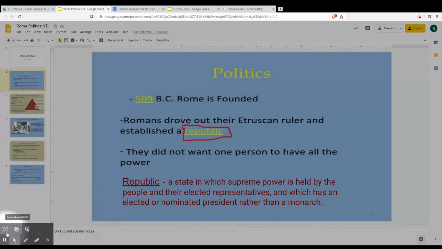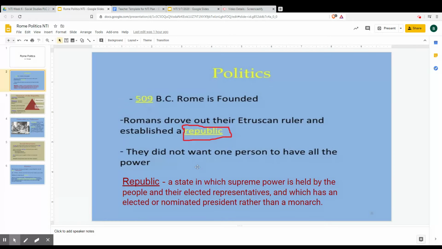So, if you think back to Greece, they had a democracy, and for them, it was a direct democracy. So every citizen in ancient Greece, which was land owning men, had a right in the laws that were made. Well, here the Romans realized there were too many people, so instead they elected officials to represent them.